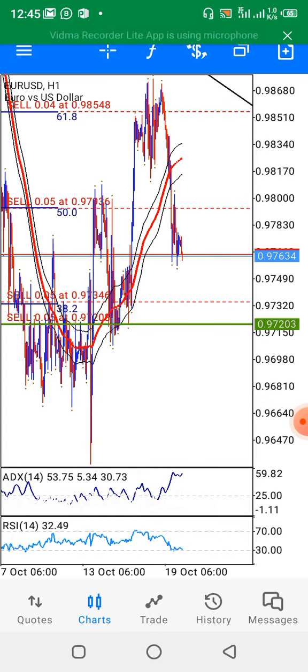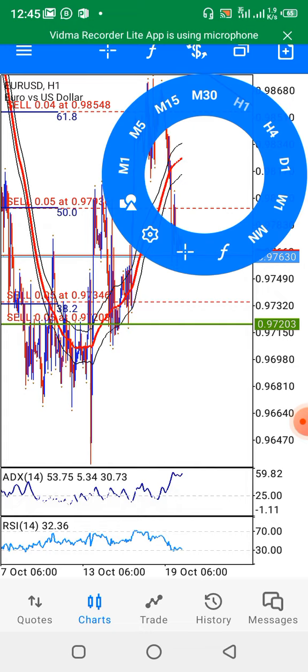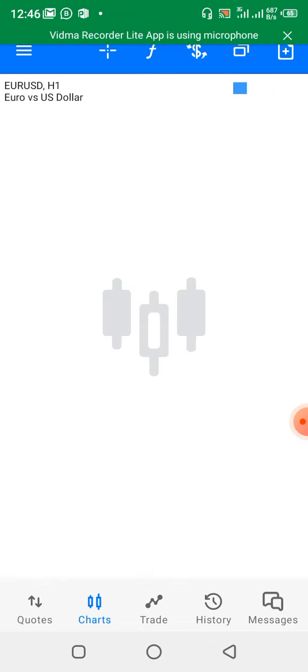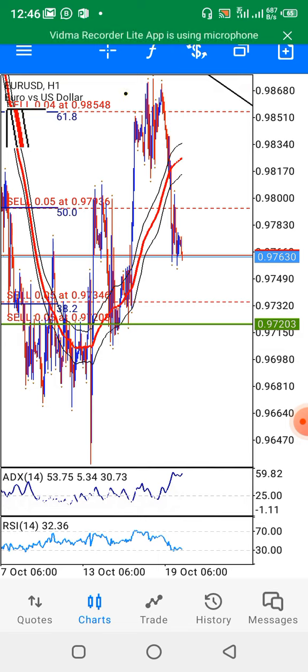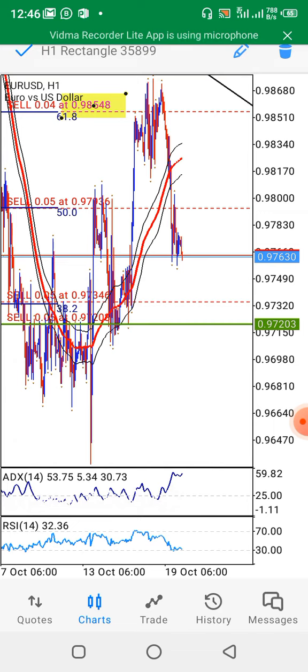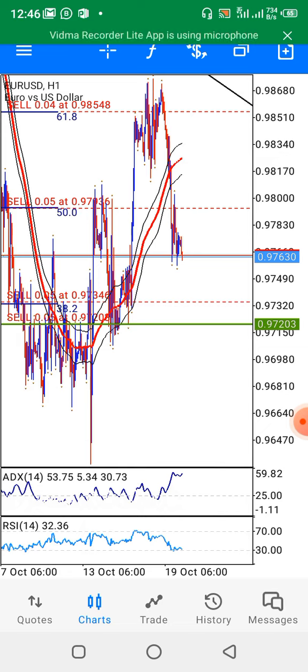So let me start from this 0.04 lot size, which is at 0.98548. Let me highlight where I'm currently going to, this place that I have my yellow line here. That's where I want to explain from.